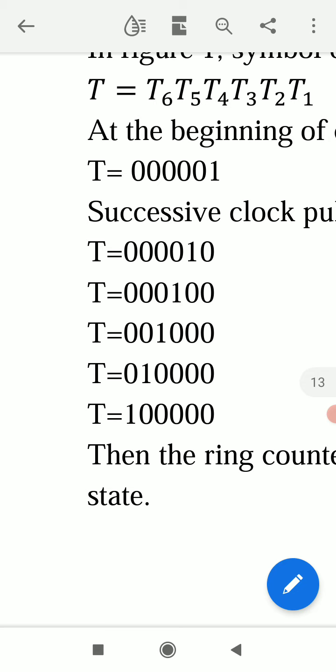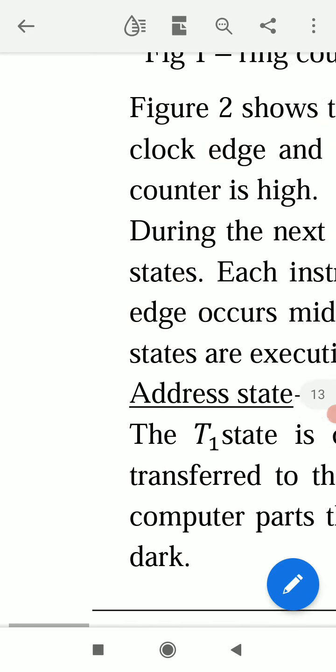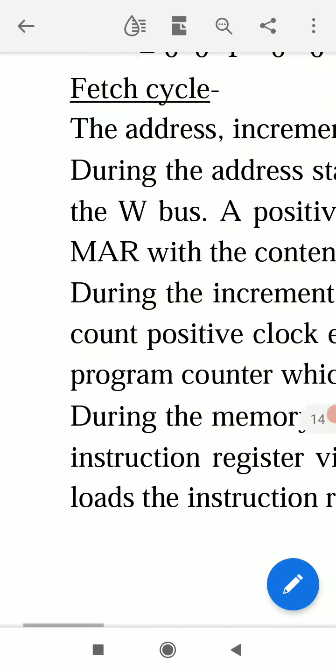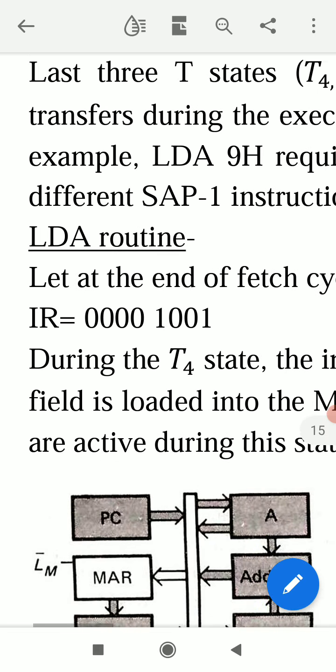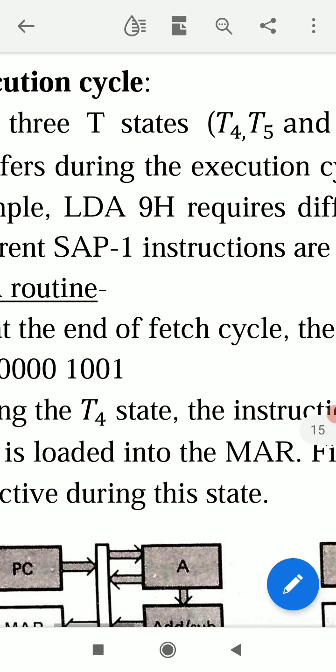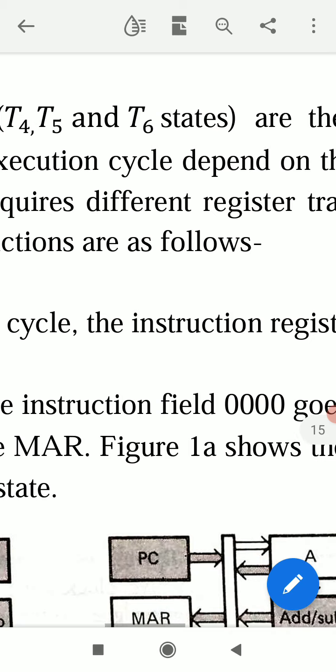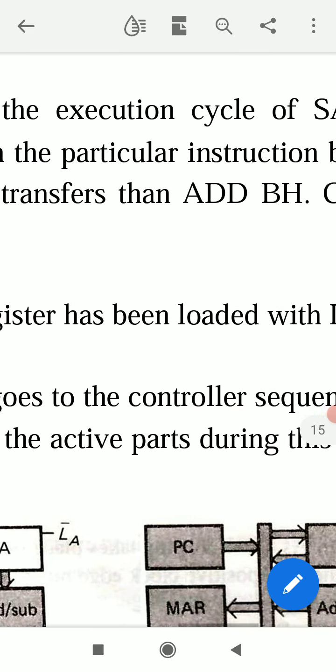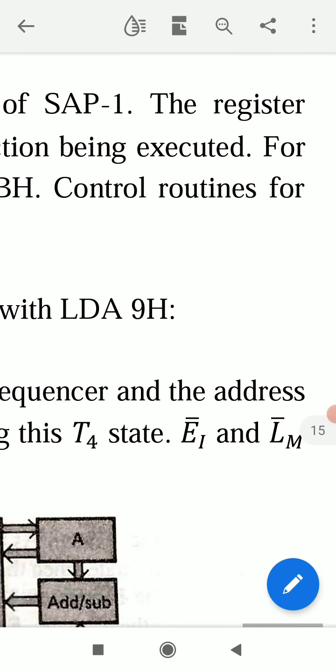Out of these 6 T states, first 3 T states are fetch cycle and last 3 T states are execution cycle. Last 3 T states, T4, T5 and T6 states, are the execution cycle of SAP-1.